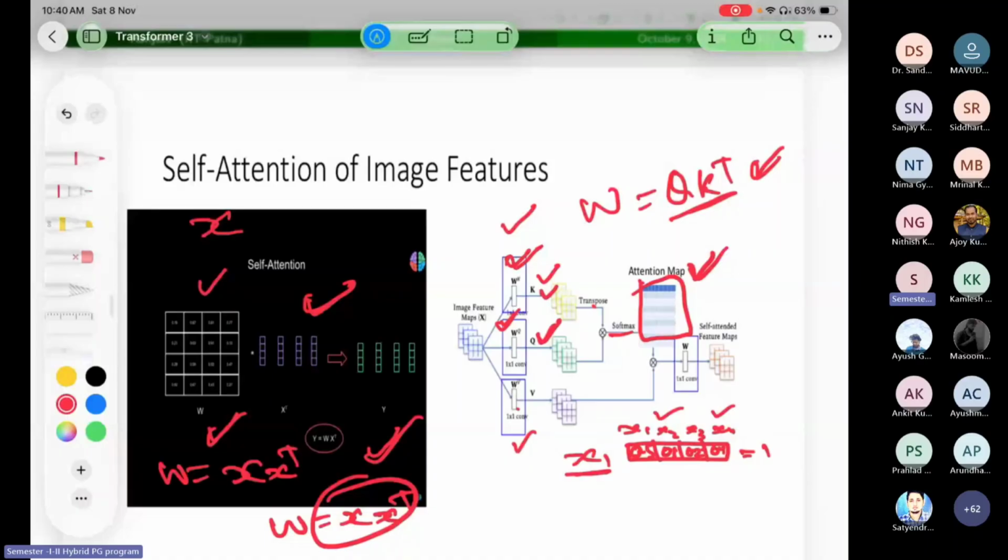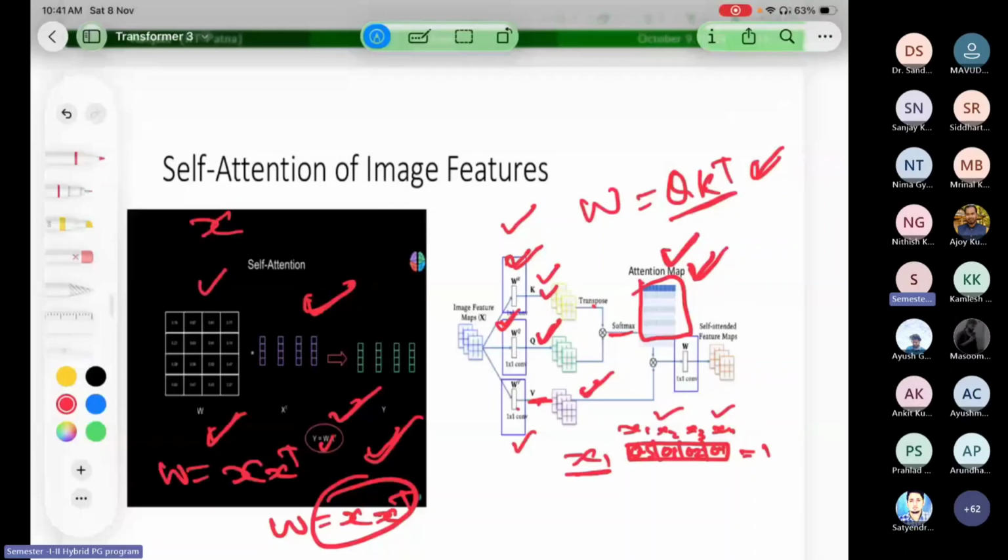Now what do you have to do next? What were you doing here? W into xt. So now the second part: when you got this attention map, that is your W, similar to the W. Now W will be multiplied with the xt. Again, since you are working in the feature space, you have calculated the V value.